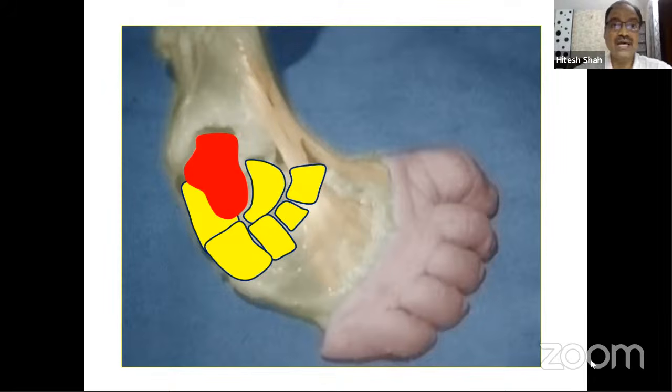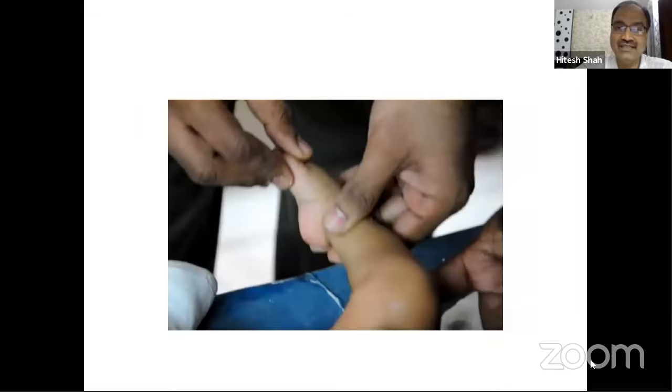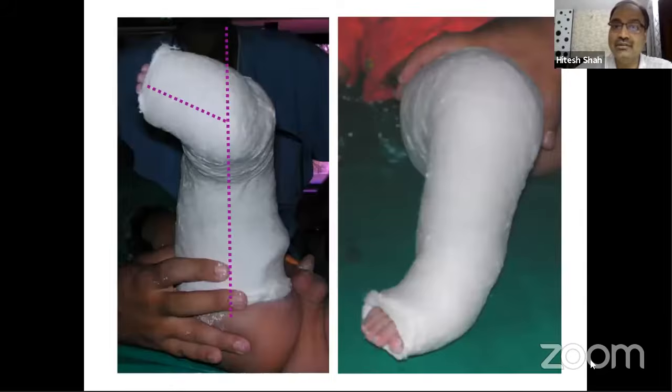We need to align the talonavicular normally by keeping the foot in abduction, and we abduct the forefoot by putting pressure on the head of talus. That's why you correct the forefoot adduction by abducting. We hold the foot with the cavus correction, put the thumb on the head of talus, and try to correct that.